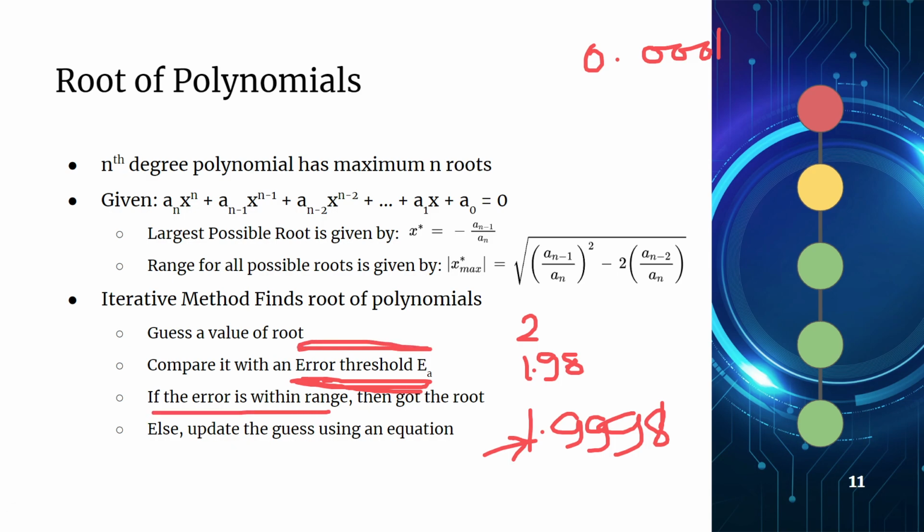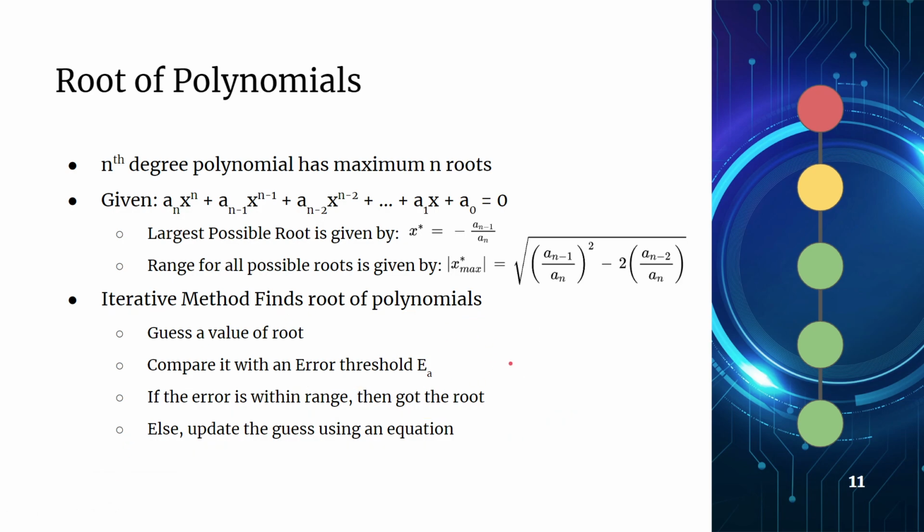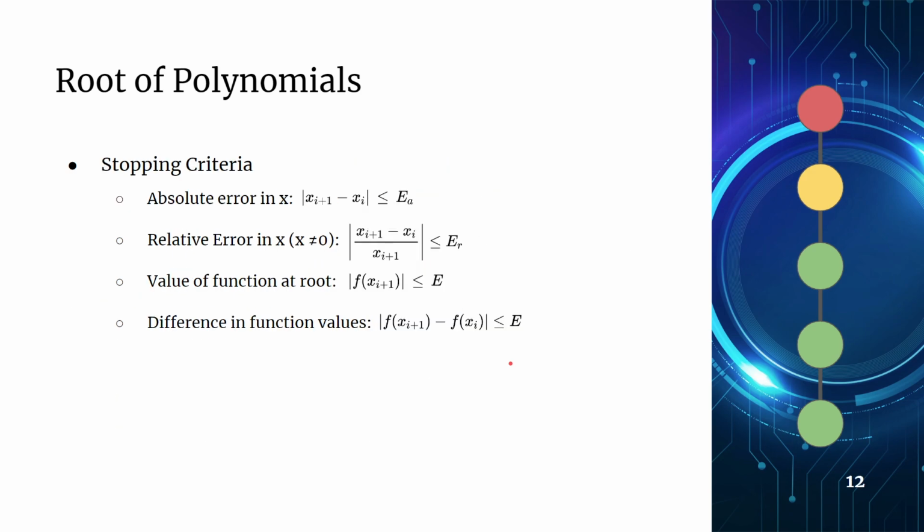If the error is within range, then we got the root and you can stop searching. Otherwise, update the guess using an equation and try finding the root again. So this is the very general iterative method to find the roots of polynomials. We will do exactly this procedure over and over again in this chapter.